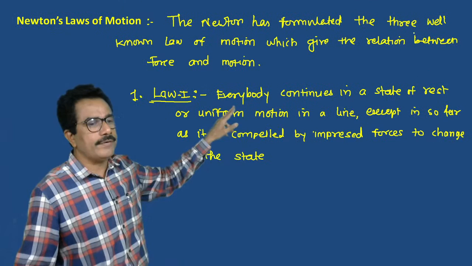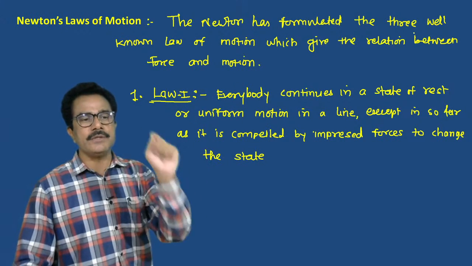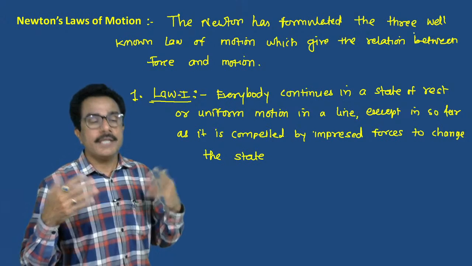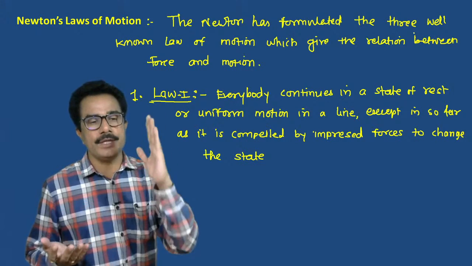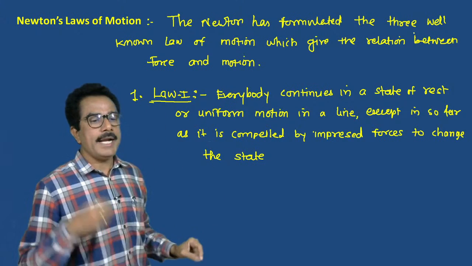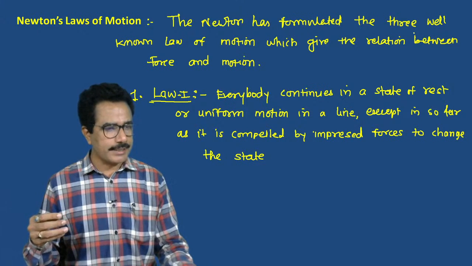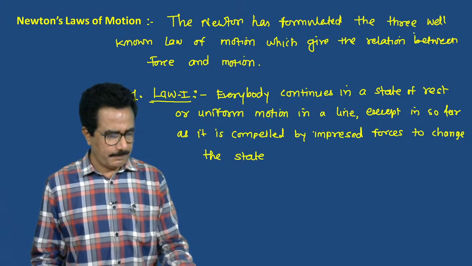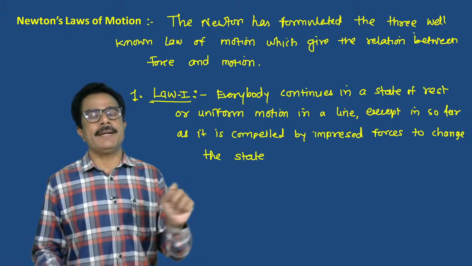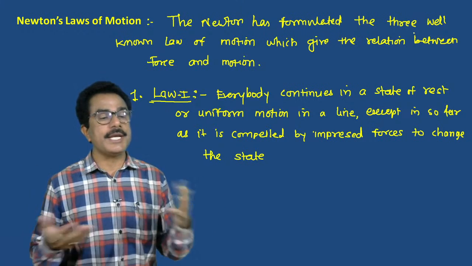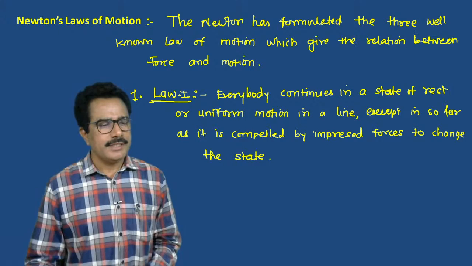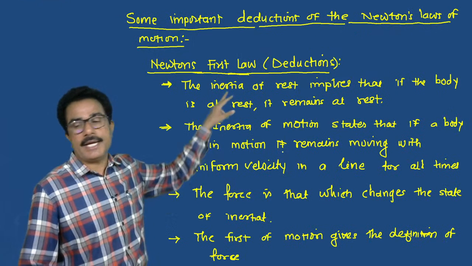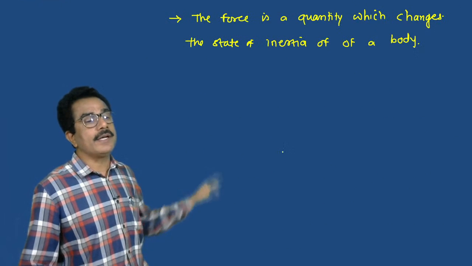Actually, the first law tells us that every body continues in a state of rest or in uniform motion in a line, except in so far as it is compelled by impressed force to change the state. This is Newton's first law, and by using it we can write these 5 different deductions.